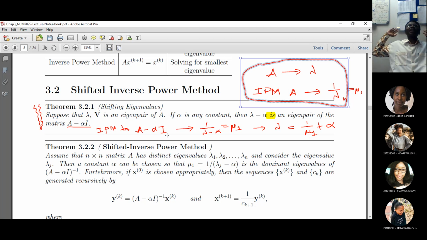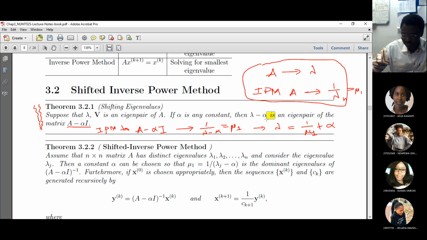Now, we just assume that we are in a situation where I have identified a certain alpha, because remember that the focus here is alpha. Just imagine that you are in a scenario where your alpha is close to a given arbitrary eigenvalue. You don't know that eigenvalue, but you know that it's somewhere close to an eigenvalue, and now you want to find that eigenvalue. That is the role that this alpha is playing.